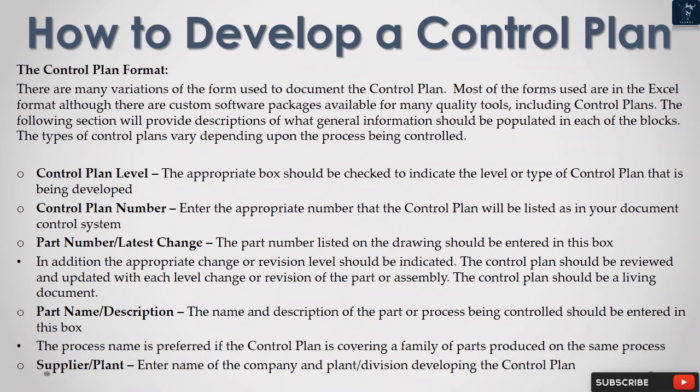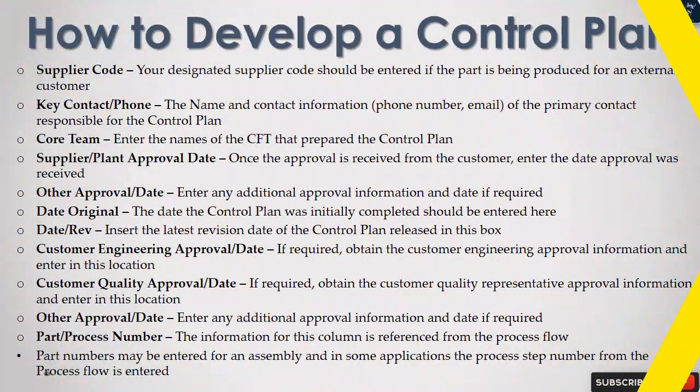Part name / description. The name and description of the part or process being controlled should be entered in this box. The process name is preferred if the control plan is covering a family of parts produced on the same process. Supplier / plant. Enter name of the company and plant / division developing the control plan. Supplier code.